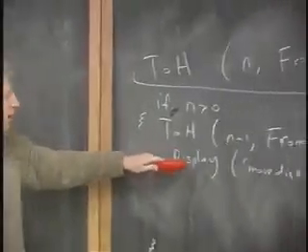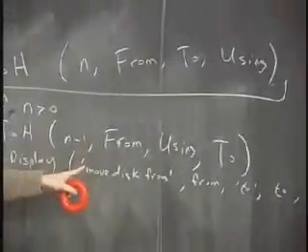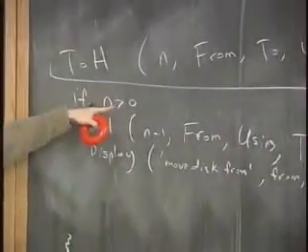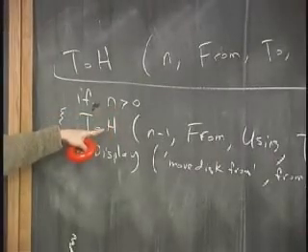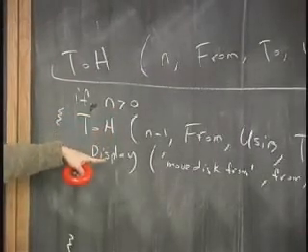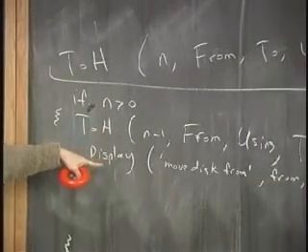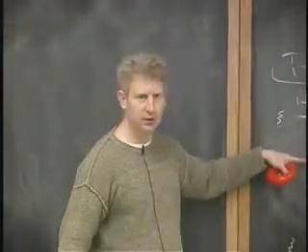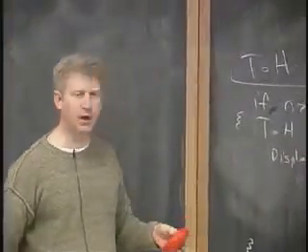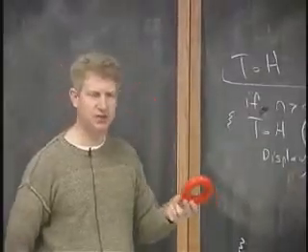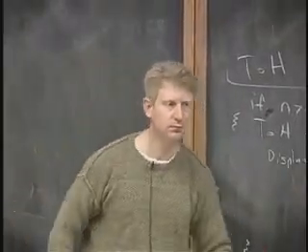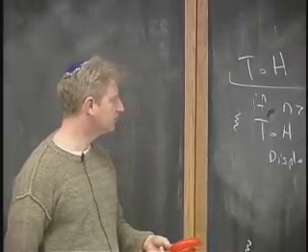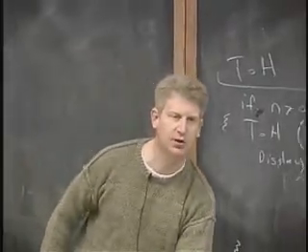If I did TOH here with 1 from 2 using, the first thing it would do is get to here, see that it's bigger than 0, do this, this would be empty, and then it would do TOH 1 again, and it would just be in an infinite loop. If I call TOH here, it would be an infinite loop. There would be no way for me to actually see this disk move. Plus, this is within TOH anyways. The display. That's true. At some point, you have to say move something from somewhere to somewhere.